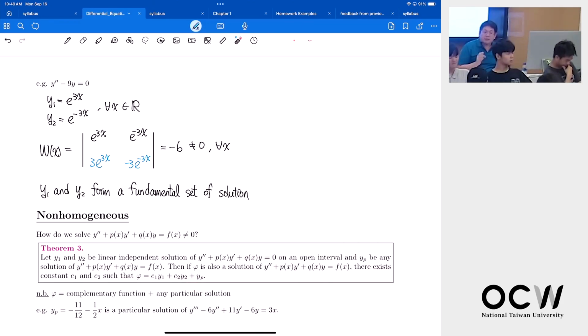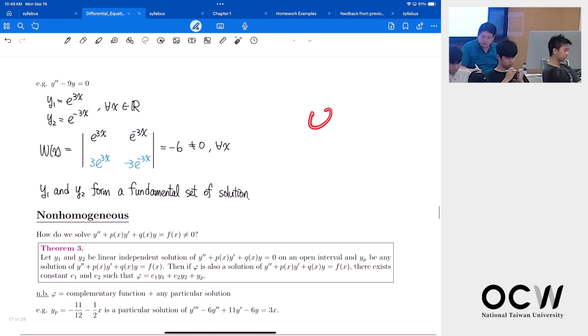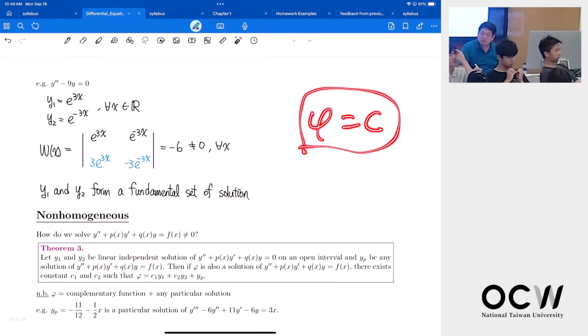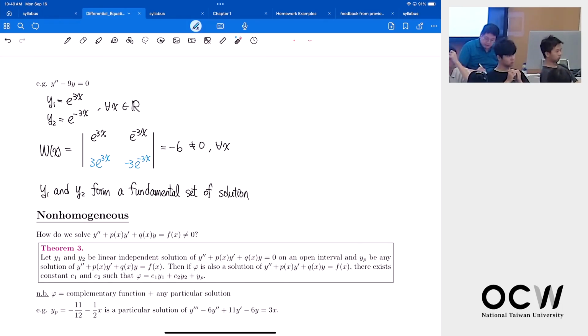Remember, when we talked about the first order differential equation, if the equation is exact, then we try to find the potential function, right? And then potential function equals C is a solution. But here, even though we have the same notation, it is a different concept. We just say that this phi is a solution, because this phi is the linear combination of your homogeneous solution plus particular solution.